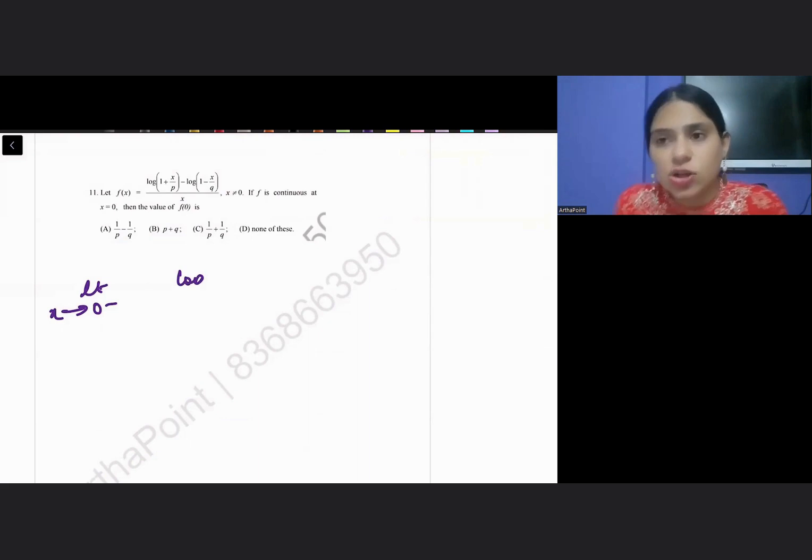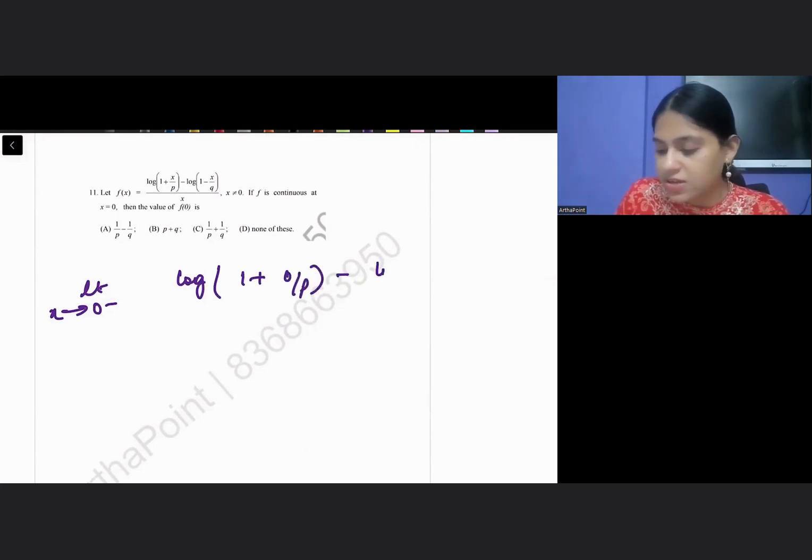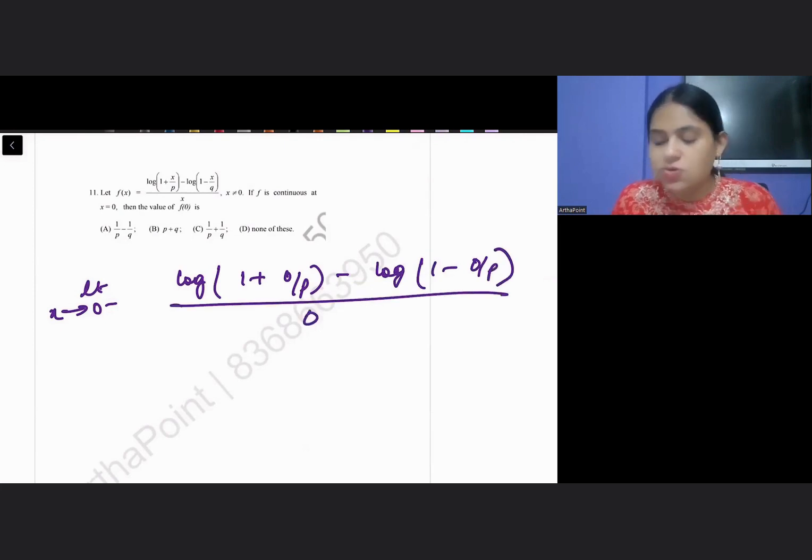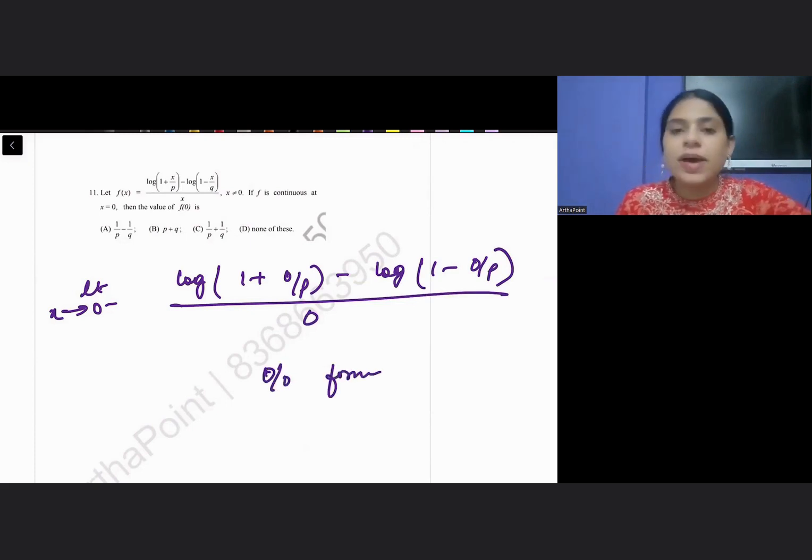And if you try to evaluate the function at 0, you will notice that you are getting a 0 by 0 form. So log(1 plus 0 by p) minus log(1 minus 0 by q) upon 0. So log 1 minus log 1 by 0, 0 by 0 form, right? Since this is 0 by 0 form, I need to use L'Hopital rule.